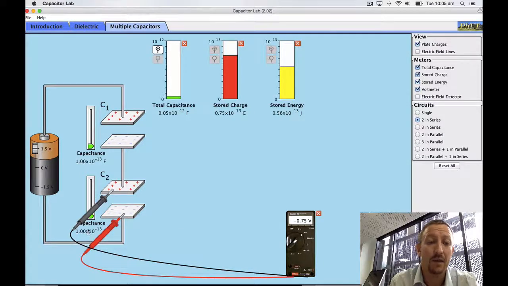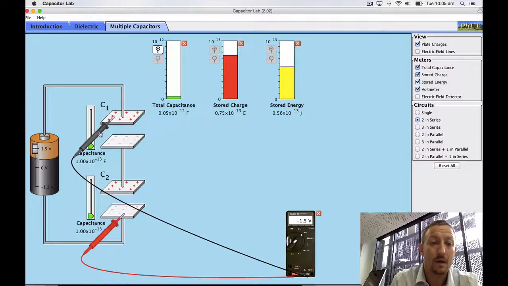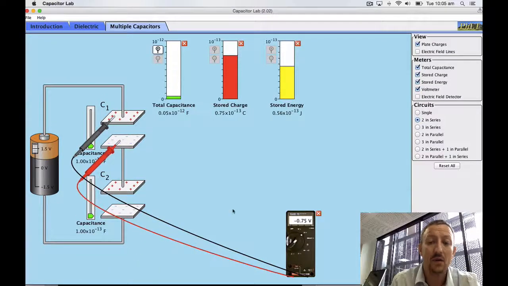We've halved it because the capacitors are the same size. So I've got 0.75 across C2, 1.5 across C1 and C2, and 0.75 across C1. So it stands to reason that when we have two components in series, they are going to share the amount of voltage which is occurring in the actual circuit.